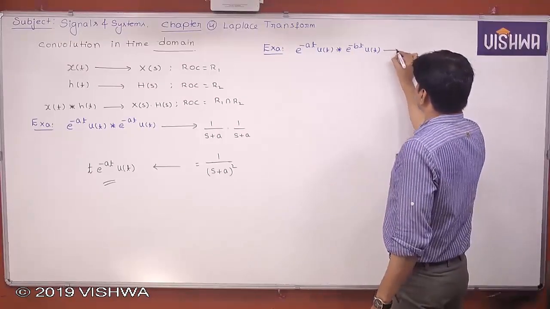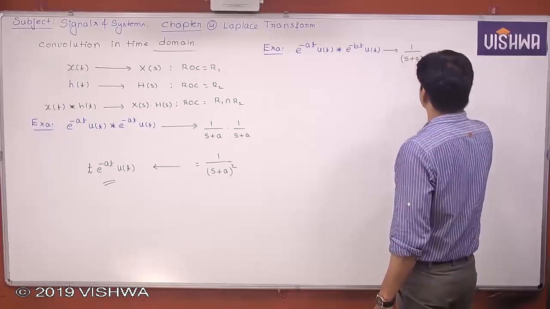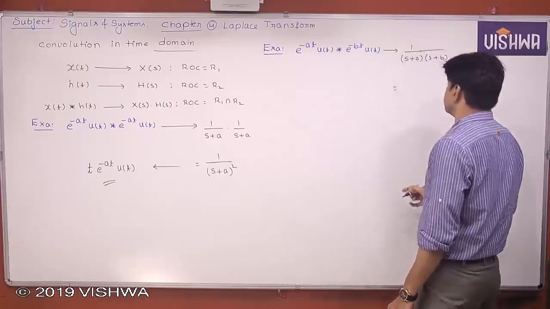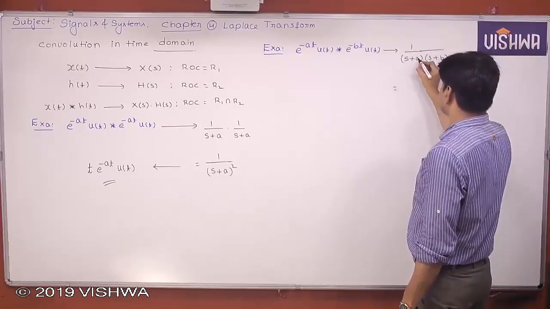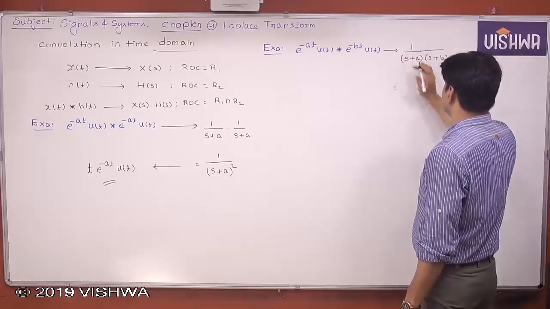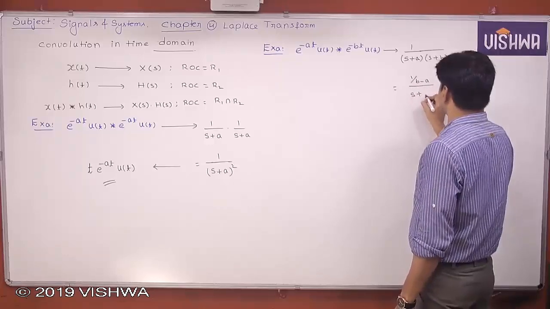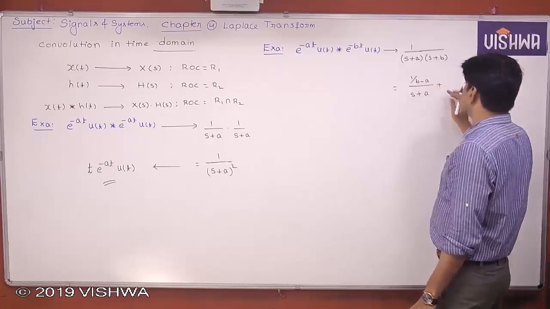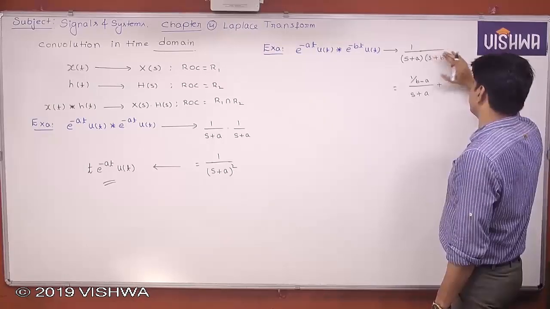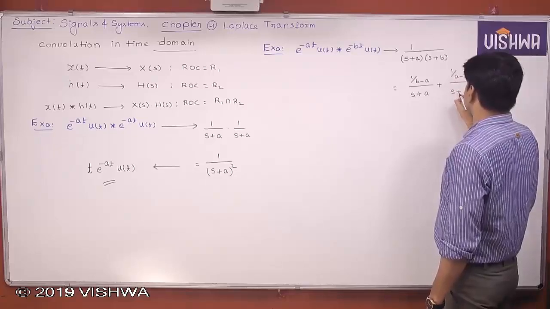This is going to give you the Laplace transform 1 by (s plus a) into (s plus b). If I take partial fractions, by the cover up method, if I cover s plus a and place s equal to minus a, then this is 1 by (b minus a) by (s plus a), plus, cover up method for s plus b, 1 by (a minus b) by (s plus b).